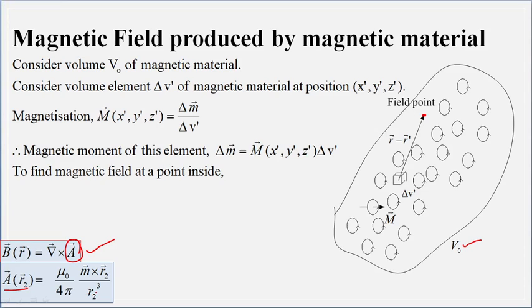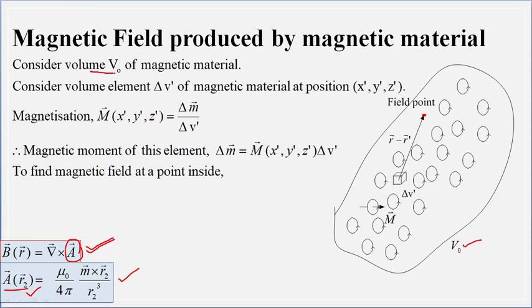So now we'll apply this formula in this case, in the magnetic material. First we will find out the magnetic vector potential, and once we know that, we will find out the magnetic induction B. So we have considered here the volume V0.